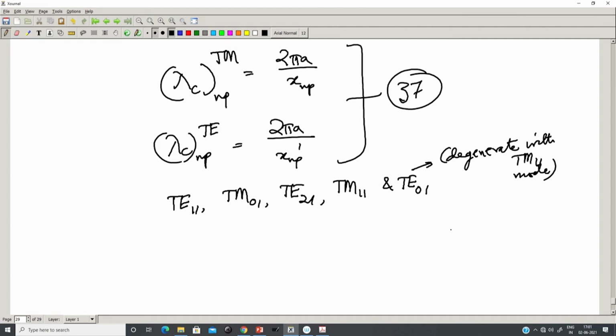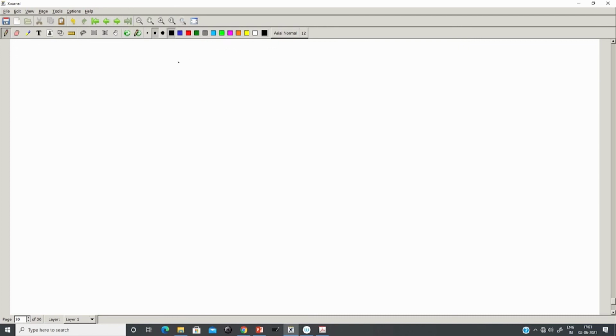So, the modes of the circular waveguide have z directed wave impedances, as we found in the rectangular waveguide, and we can find them easily.